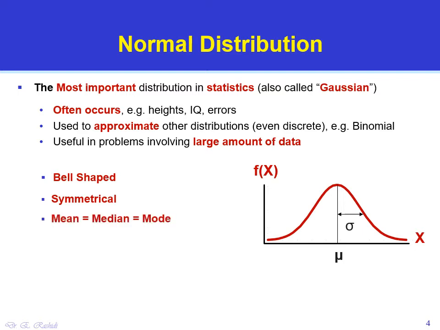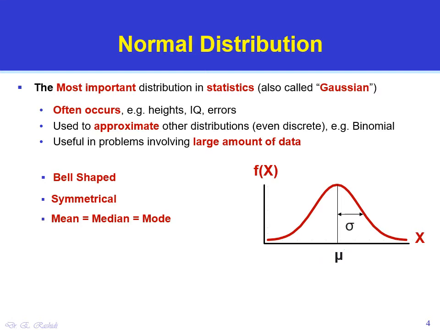Also, the mean, the median, and the mode are all equal. This is the mean, or the expected value, and it is also the mode, because this is the most frequent part that you see here. It is also the median, because half of the data is on each side.